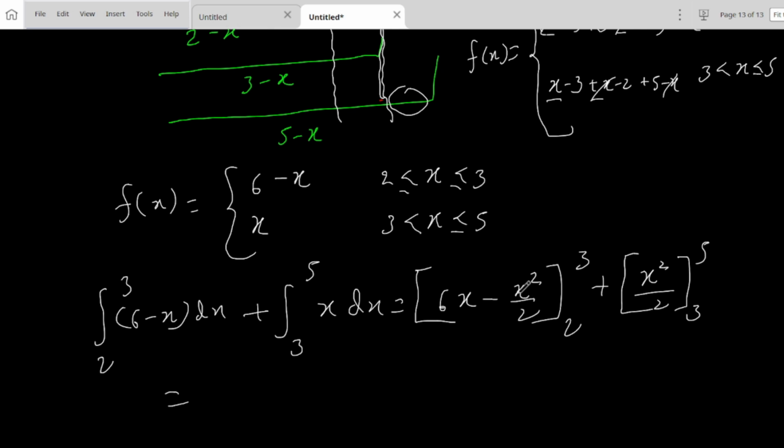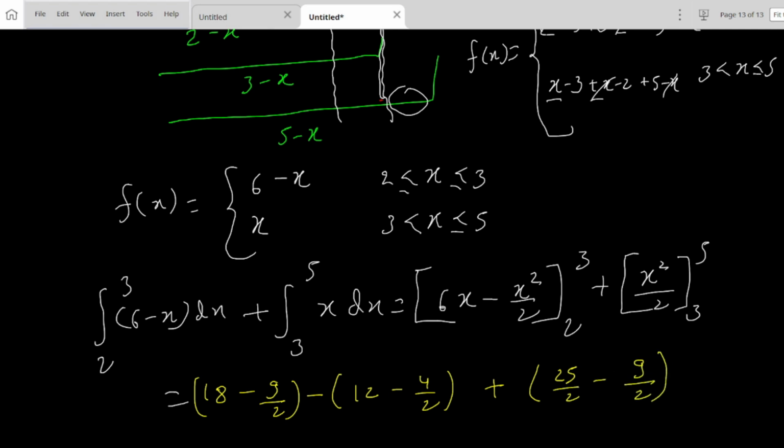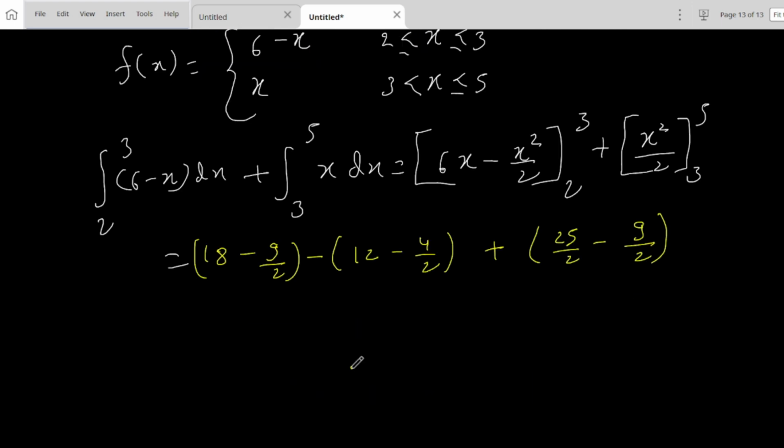When we replace with the maximum value, we get 18 minus 9 by 2, minus of 12 minus 4 by 2, plus 25 by 2 minus 9 by 2. Further, we will open the bracket: 18 minus 9 by 2 minus 12 plus 2 plus 25 by 2 minus 9 by 2.